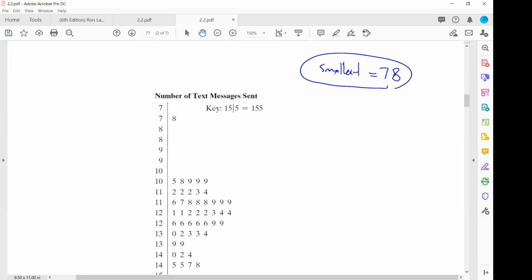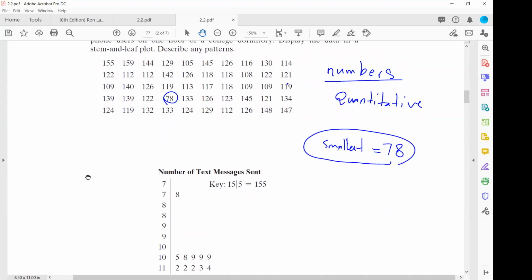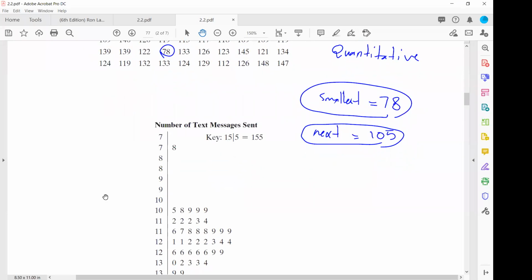Let us look for the next number. After 78, what do we have? We have 105, nothing in between. So you take 10 and write it on the left-hand side of the vertical line, and 5 on the right-hand side.